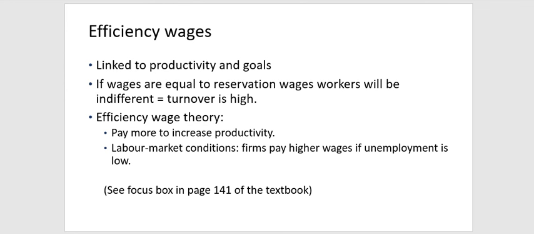So firms pay higher wages mostly if unemployment is low. If we look at the focus box on page 141, it describes how Henry Ford, the founder of the car manufacturer Ford, used efficiency wages to increase productivity in his firm.